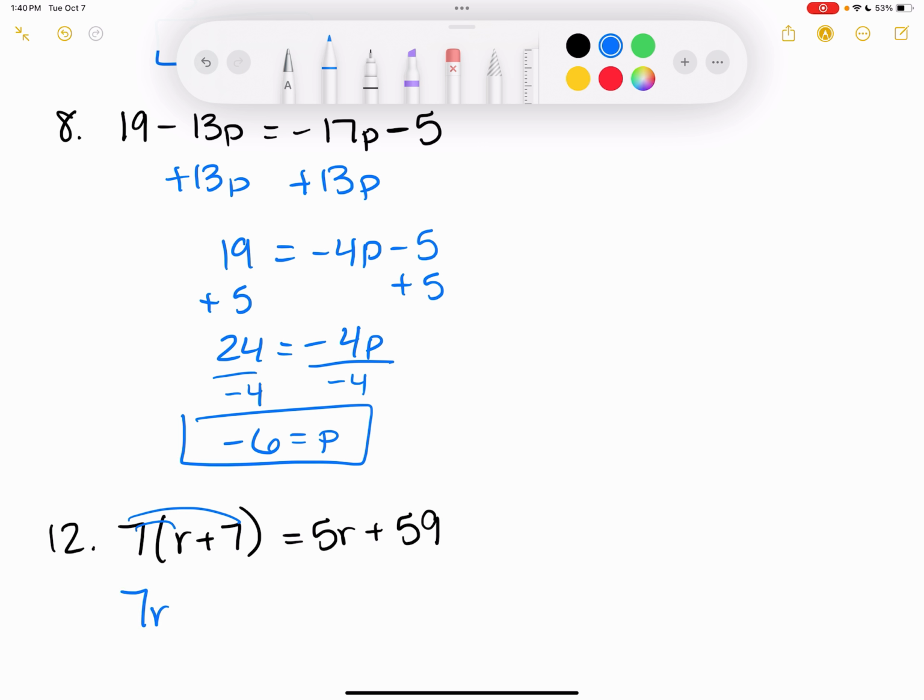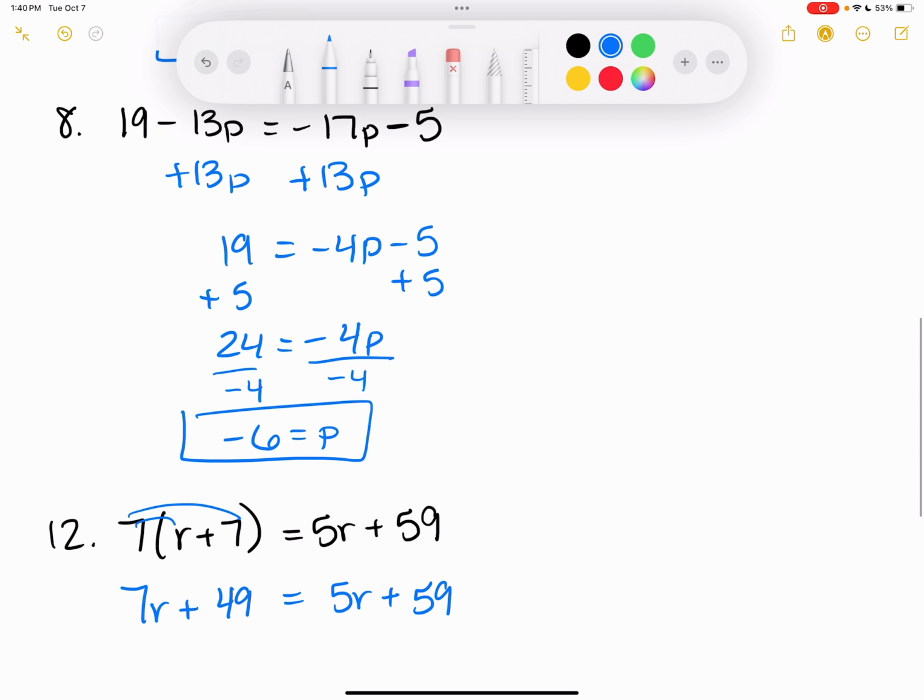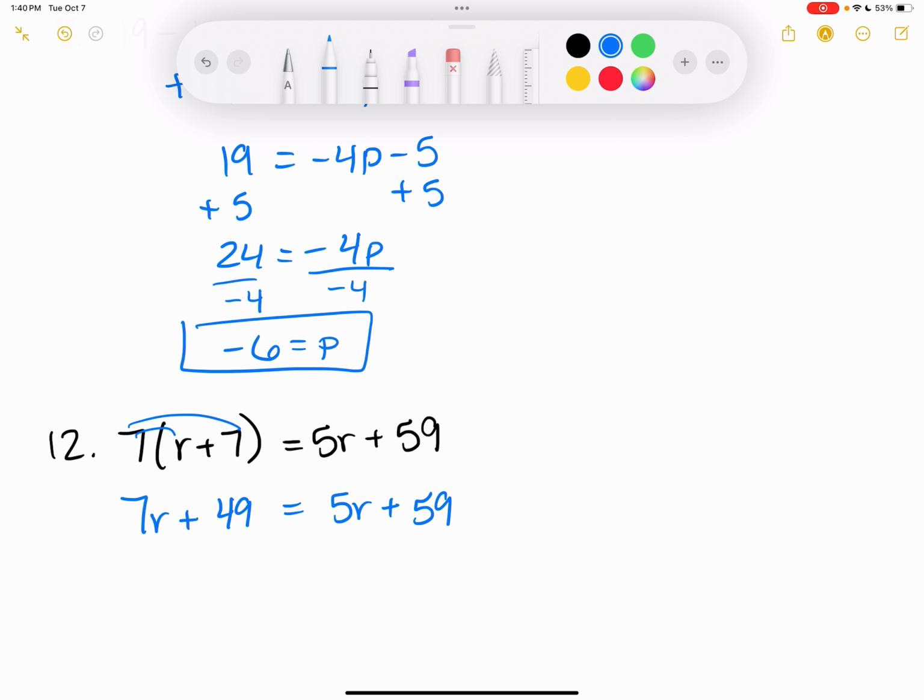So 7r plus 49 equals 5r plus 59. Once I do that, it's just like the other stuff. So subtract 5r. I'm left with 2r plus 49 equals 59.